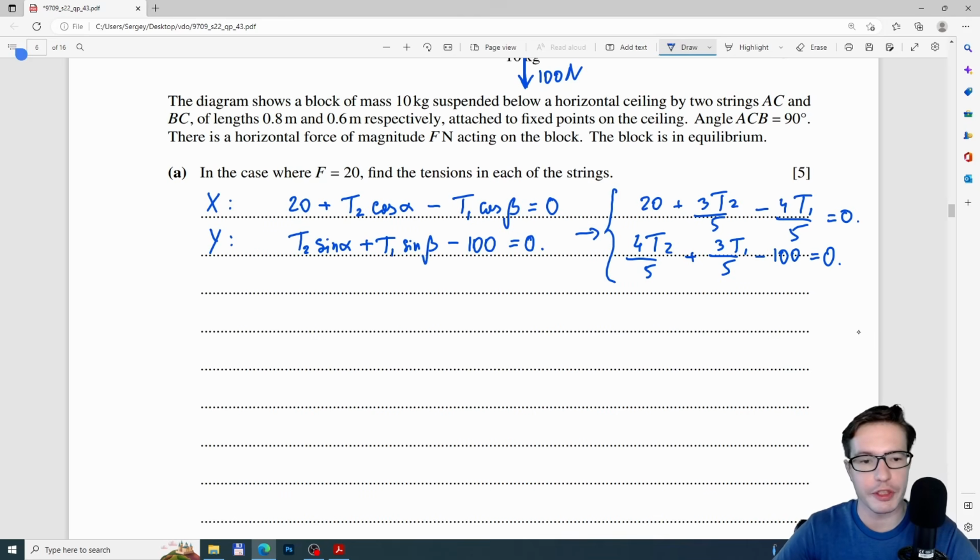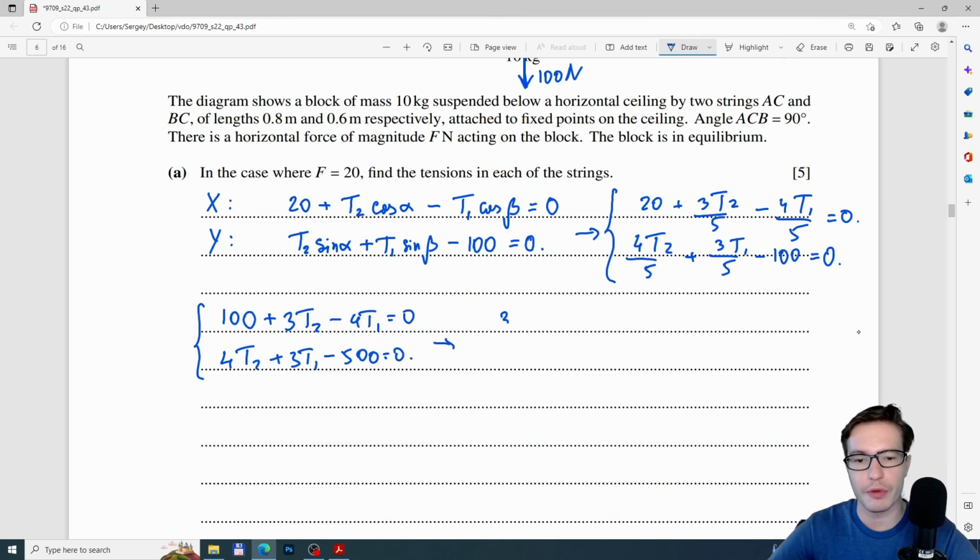Okay, let's multiply the first equation by 5. We get 100 plus 3T2 minus 4T1 equals 0. And then the second equation: 4T2 plus 3T1 minus 500 equals 0. Now I will move all the numbers to the other side. So minus 100 here, and 4T2 plus 3T1 equals 500.